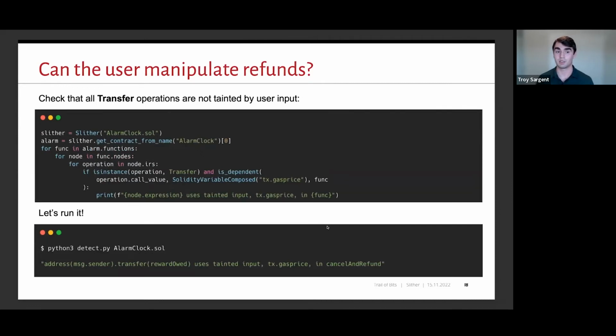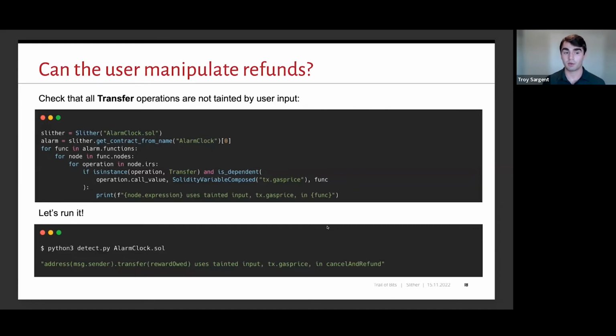So sort of in pseudocode or English, what we're looking for is we're going to check that all transfer operations are not tainted by user input. So again, we're going to invoke Slither on our smart contract, the alarm clock, and we're going to ask Slither to give us this contract by its name.